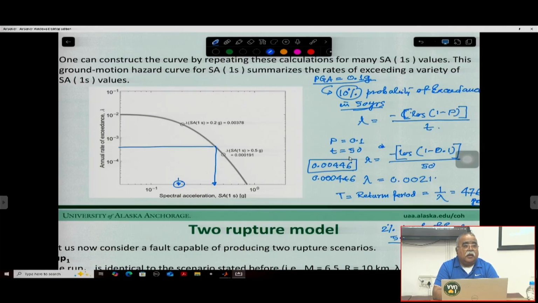Sorry, the return period of the building is more than this, nearly 10 years. So why are we making the return period so many years? No, that's not the case. The case is this: one is the lifespan of a building, and this is the probability of the building to survive, right?